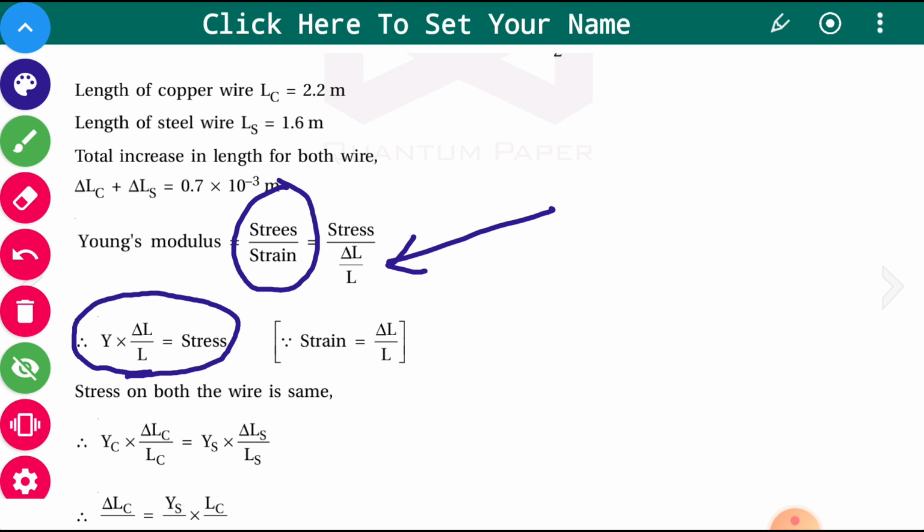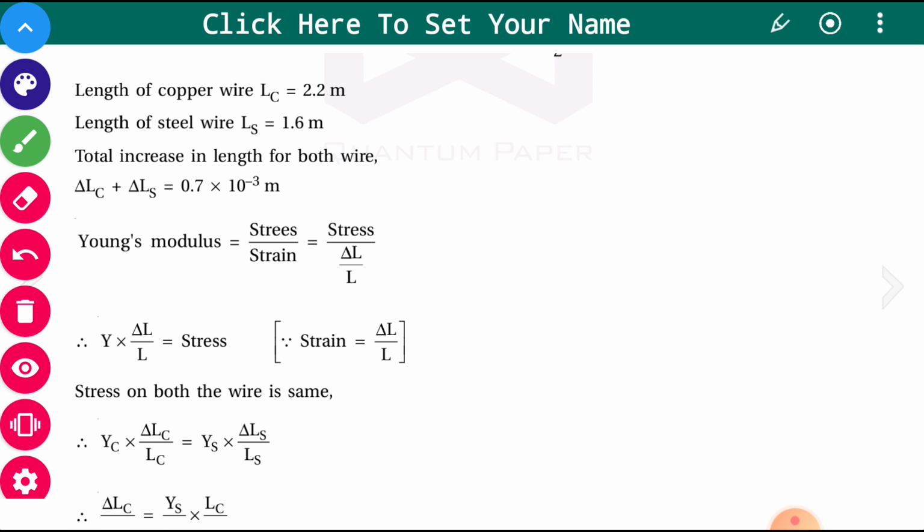Now, stress on both the wires is the same because load applied at the end will have the same value of the stress which is produced. Force upon area will be the same. So we can write Young's modulus for copper into change in length of copper divided by original length of copper wire is equal to Young's modulus of steel multiplied by change in length of steel upon original length of steel.